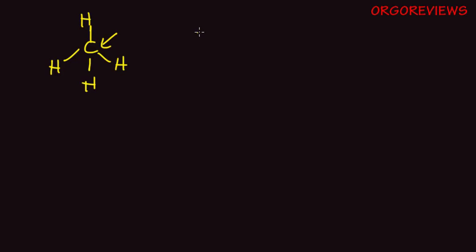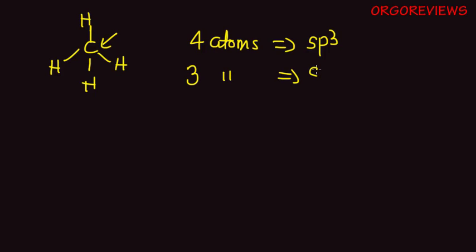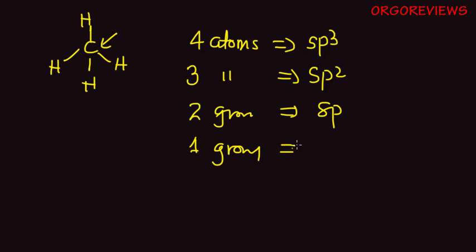So if it's connected to 4 atoms or 4 groups, then it's likely to be sp3 hybridized. If it's connected to 3 groups, then it will be sp2 hybridized. 2 groups will be sp hybridized, and 1 group will just be no hybridization. So looking at methane, obviously that will be an sp3 hybridization.